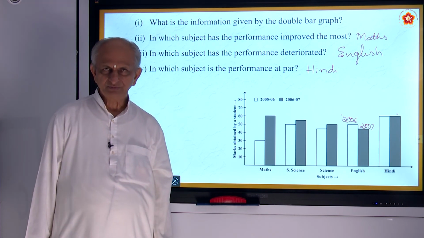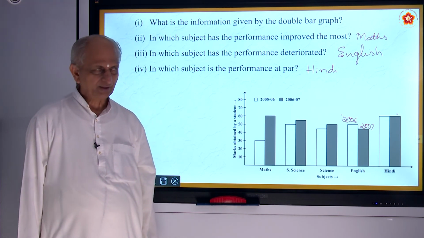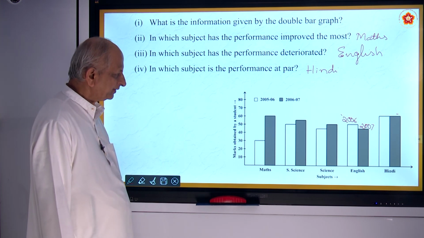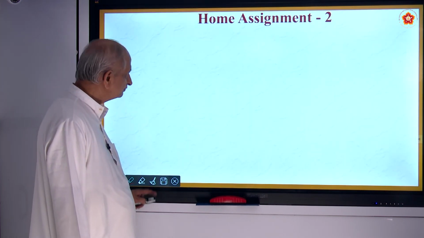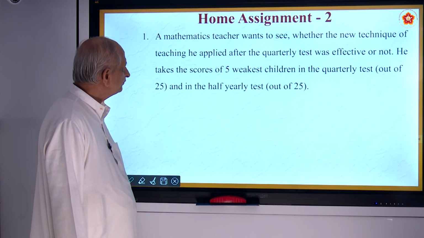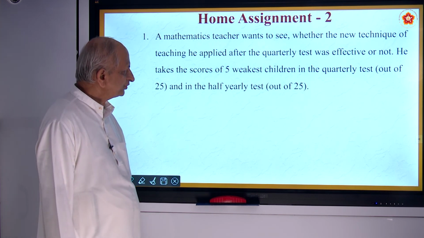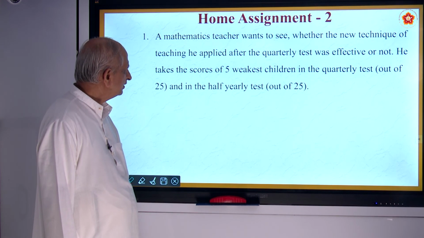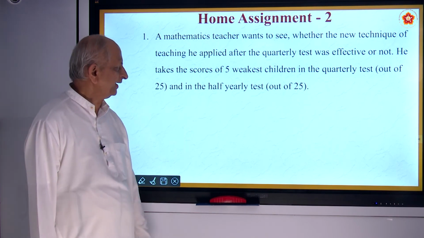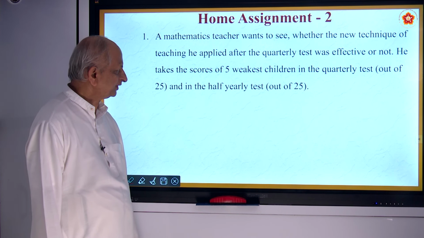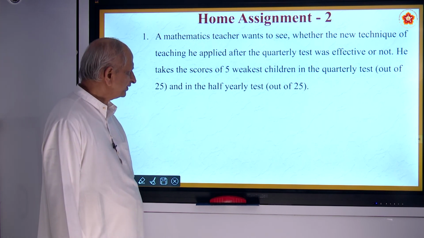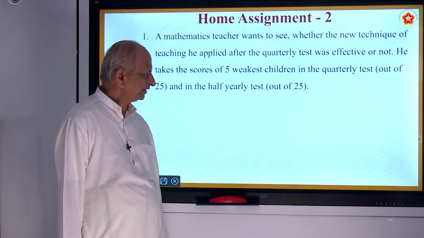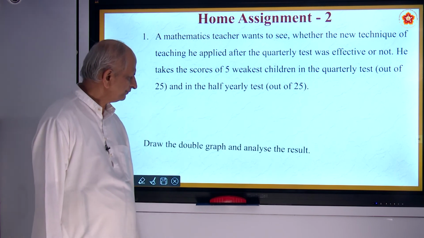Noted down. Okay, now we will see home assignment. First question. A mathematics teacher wants to see whether the new technique of teaching he applied after the quarterly test was effective or not. He takes the scores of 5 weakest children in the quarterly test.